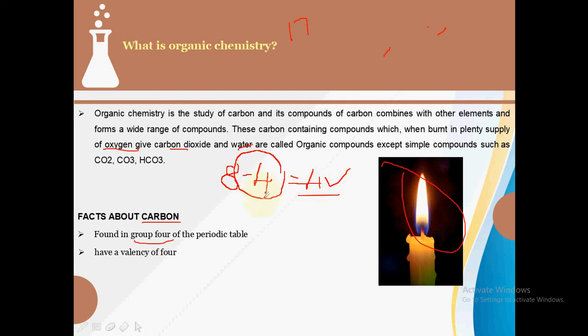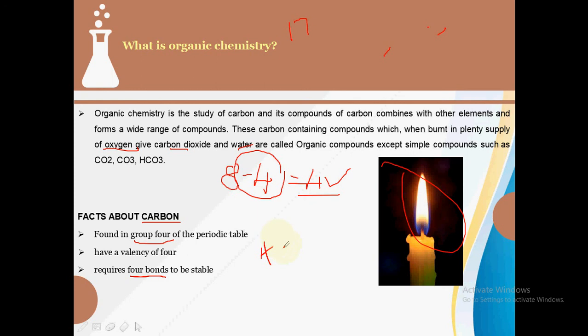The other thing that you have to realize is that for carbon to be stable, it needs to form 4 bonds with other atoms of a different element. Carbon always should form 4 covalent bonds. Single covalent bonds should be formed with carbon.